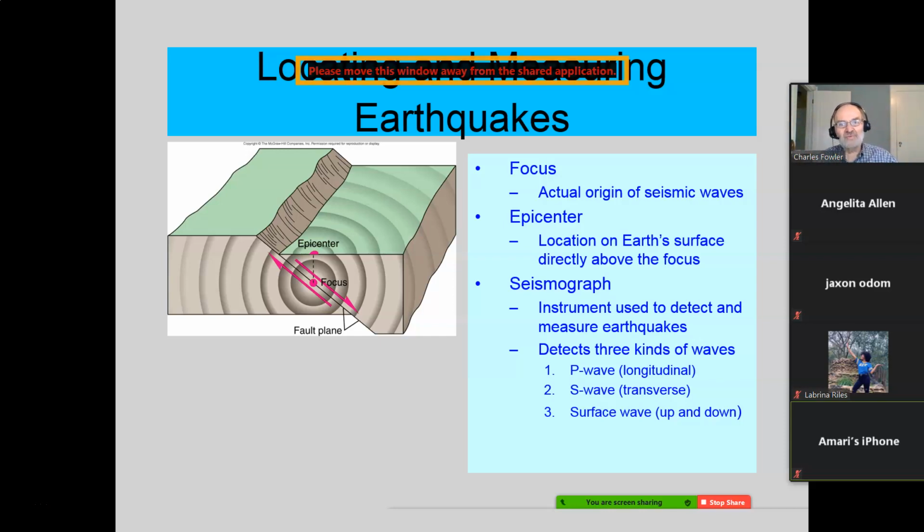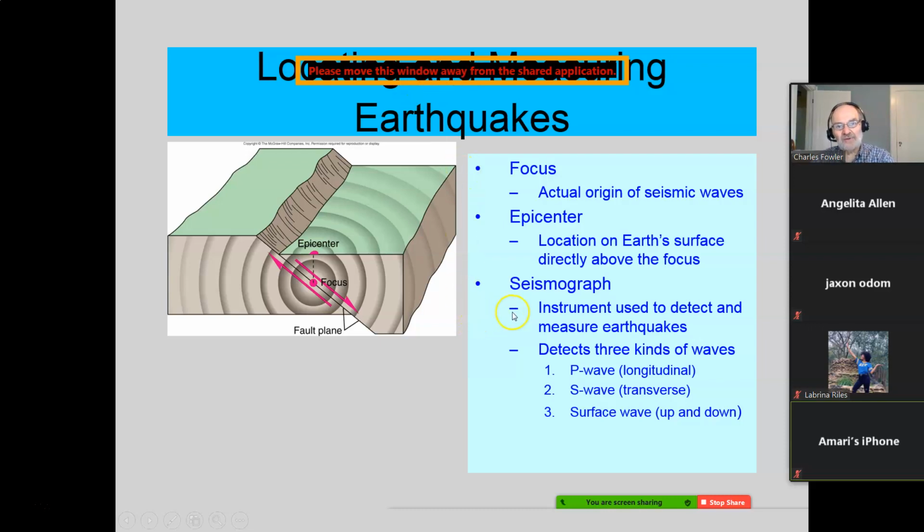Those are the slowest. So if you were way over here somewhere, you get the P waves coming in first on your seismograph, and then the S waves come in later, and finally these surface waves make their way to you. That's why they're last. So that's locating the earthquakes.